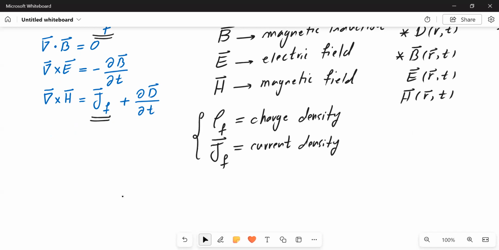So these two terms here are the sources of my fields. Sources other than the fields themselves, okay?